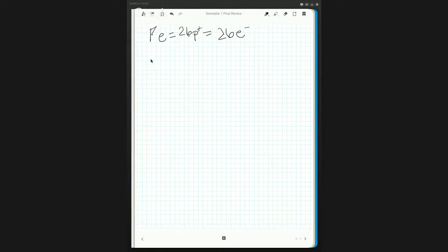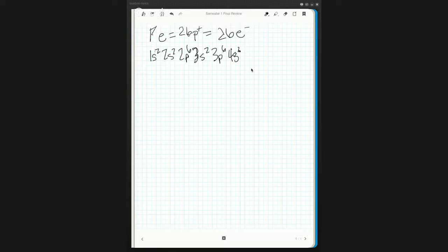Okay. So if we wrote this out: 1s2, then 2s2, 2p6, 3s2, 3p6. Now it's in the 4th row, 4s2, and then 1, 2, 3, 4, 5, 6.